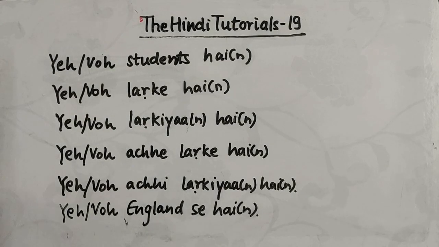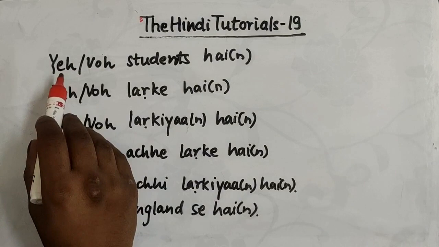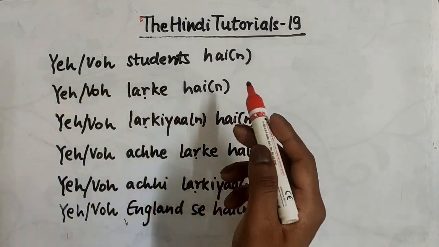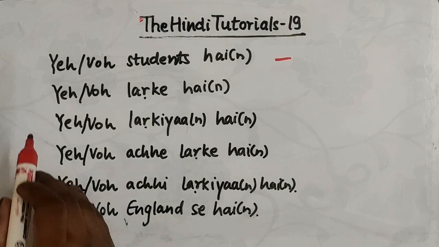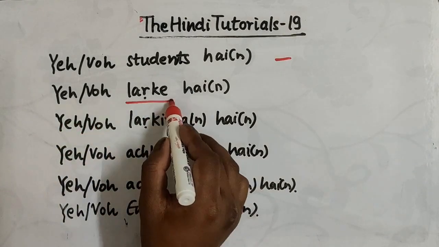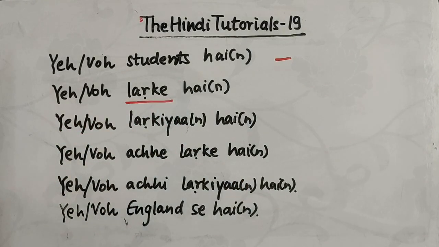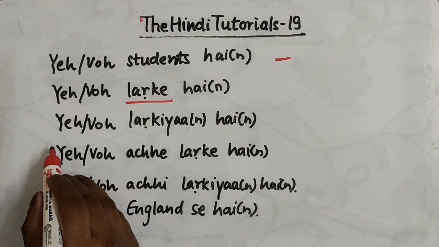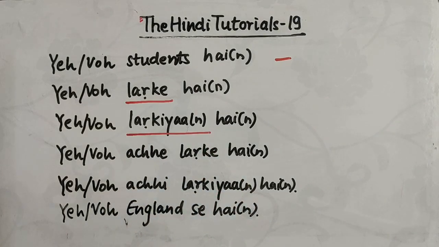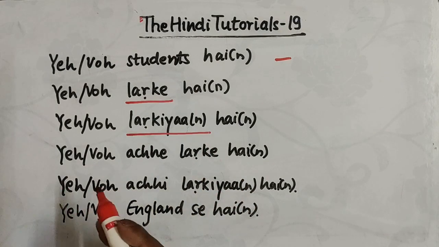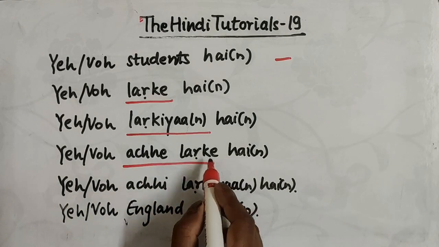Now, having a look at some more examples. ये और वो students हैं. They are students. ये वो लड़के हैं. They are boys. ये वो लड़कियां हैं. They are girls. ये और वो अच्छे लड़के हैं.